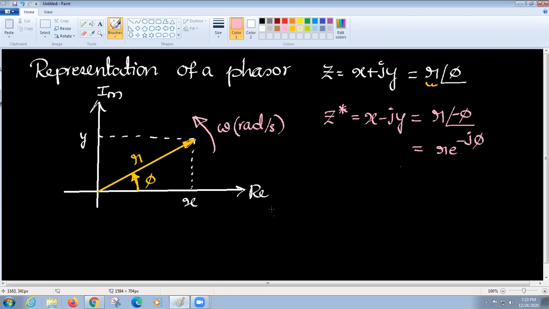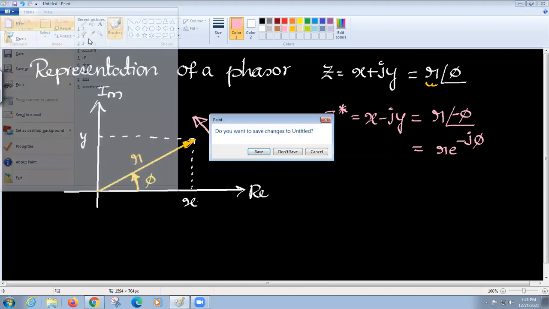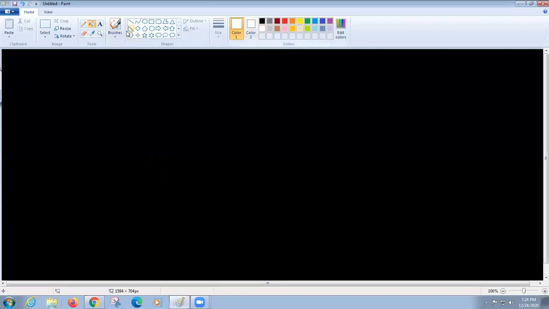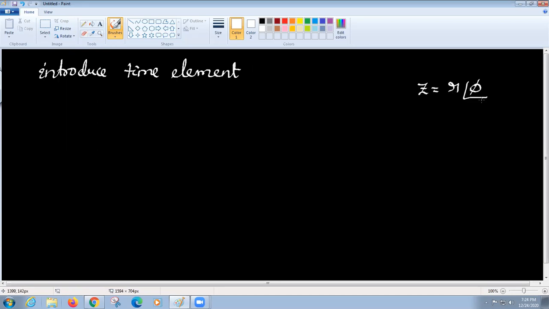All right, now to bolster our discussions, and to maintain cogency with our discussions, we will introduce the time element. Let's introduce the time element instead of phi, because what we have is z equal to r and phase of z is phi.